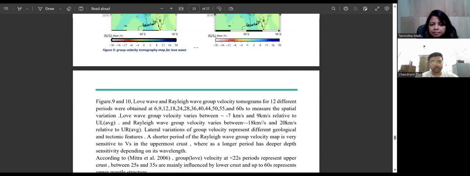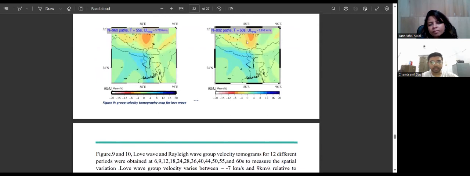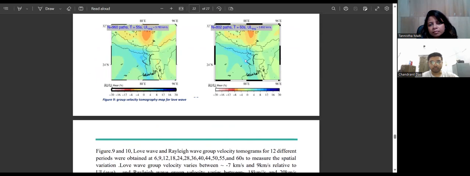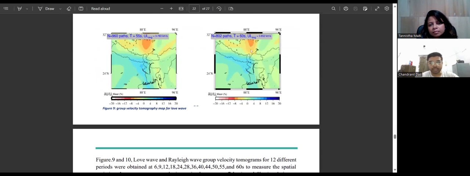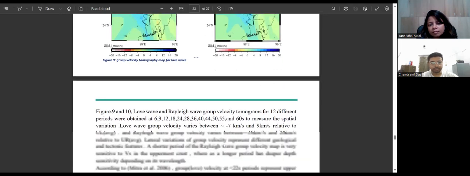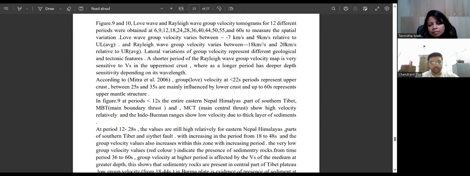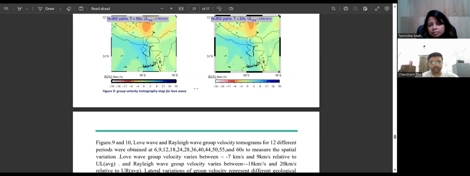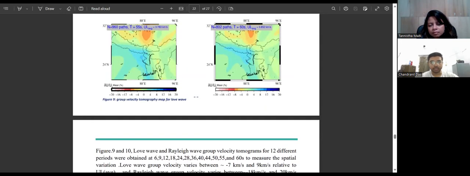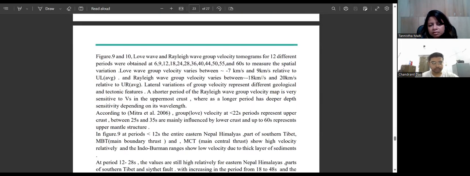So by the deepening of this color, that is the increase in the time period, what is coming out is low velocity due to a thick layer of sediments. So that indicates that the region in the subsurface has a thick layer of sediments under it.